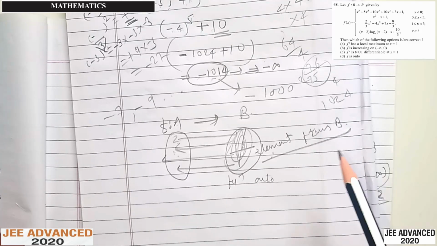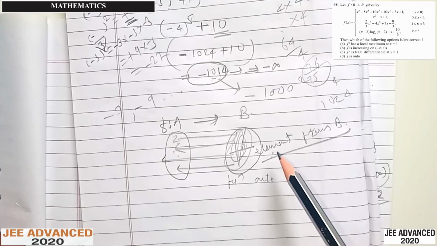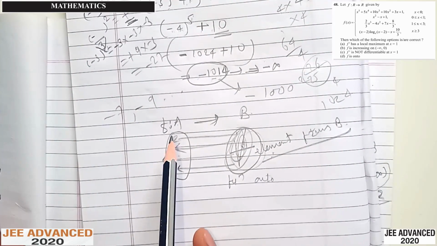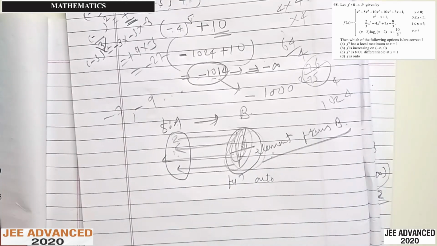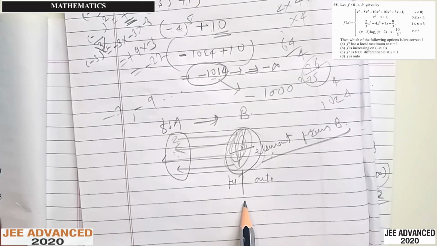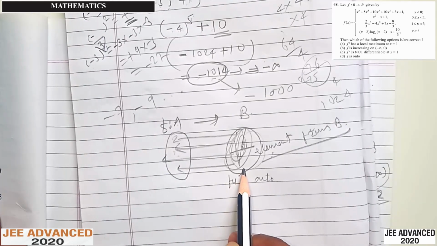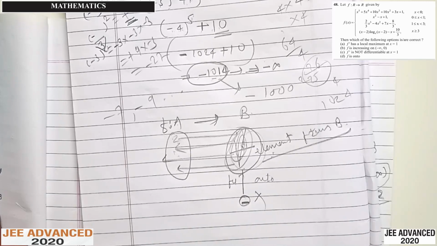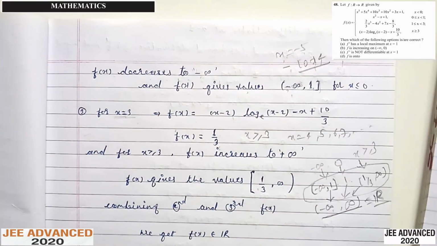So the definition says that if all elements of the codomain have a pre-image in the domain, then it is an onto function. But if we find any element that does not have a pre-image, then it is not an onto function. Keep this in mind, we have to apply this condition here.